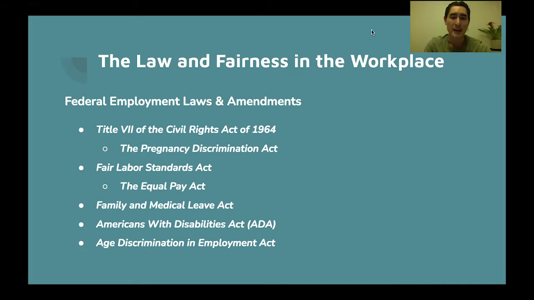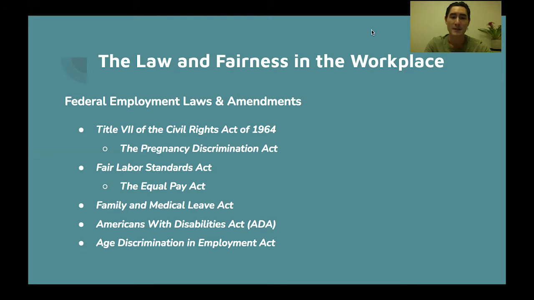The Family and Medical Leave Act provides that employers must allow employees to take up to 12 weeks leave of absence for qualified medical purposes. It stipulates that to qualify for the leave, the employee must have worked for the employer for 12 months and for 1,250 hours preceding the leave, and maintains that qualified employees' positions are preserved for the duration of the leave.